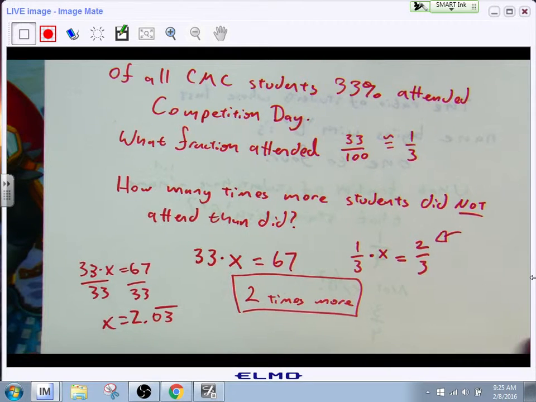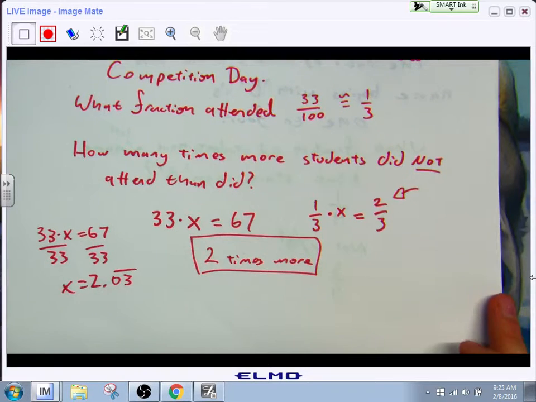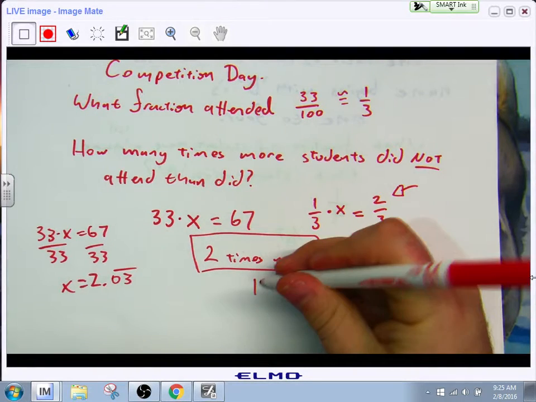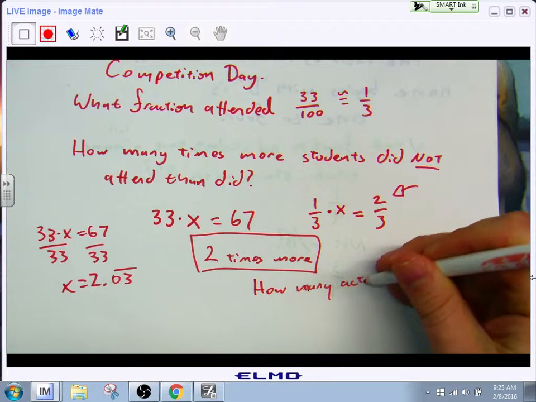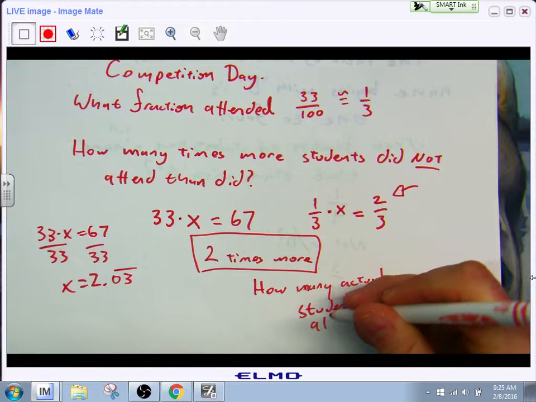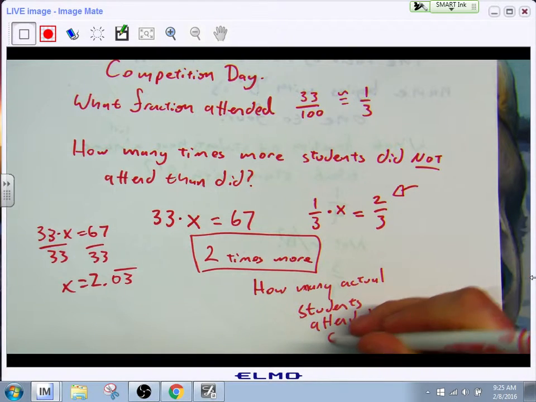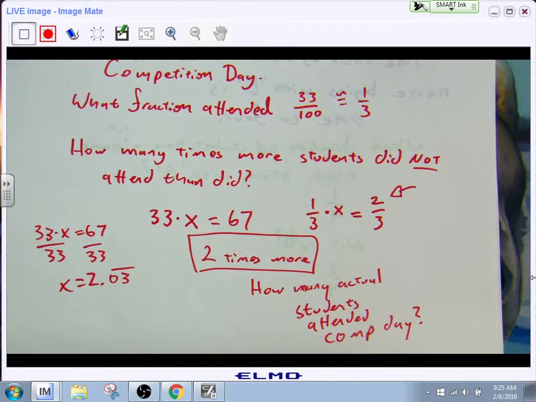Okay? So here's a question that requires some previous knowledge. How many actual students attended competition day? What do we need to know to be able to find this out?